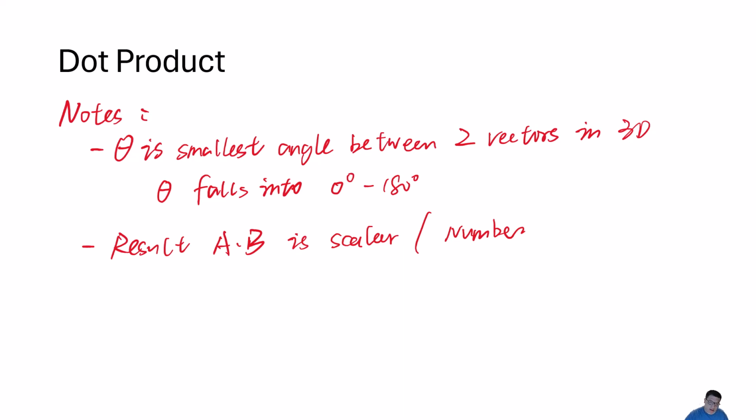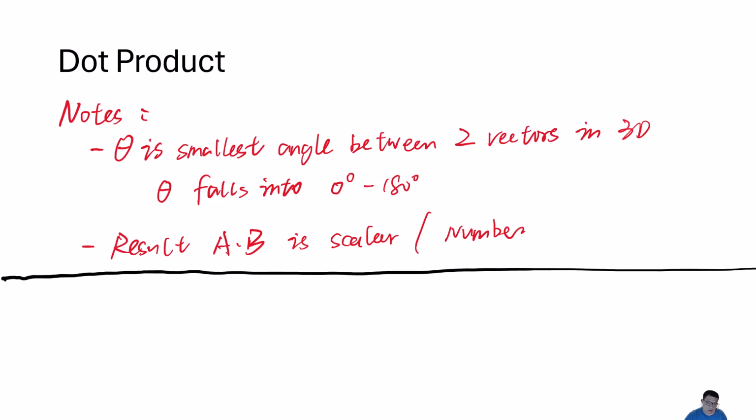Based on the dot product, we can find the angle between two vectors. How?